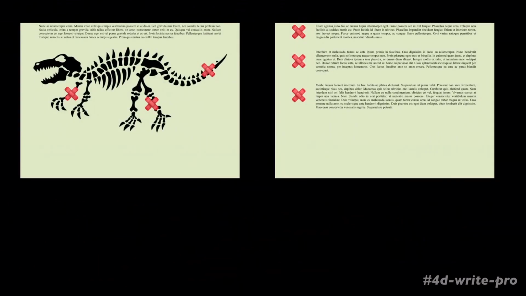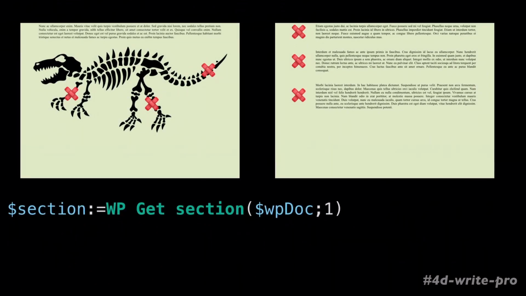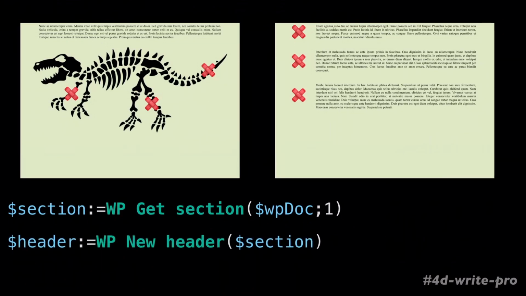Now, to create a header in Write Pro, so now we're going on to headers, you need to first specify the target section. So here, I've decided to target section 1. And I'm going to create a header, new header. Now, if a header already exists, you should use WP get header.